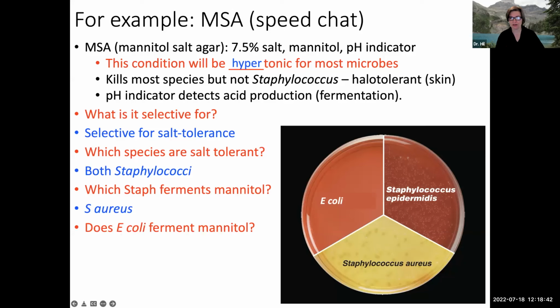Let me ask you this question. Think carefully. Does E. coli ferment mannitol? If you're feeling uneasy answering this question, you should.